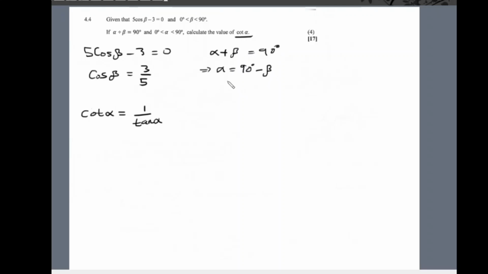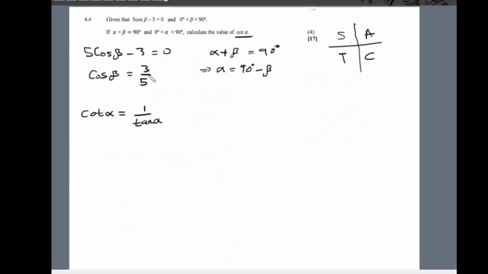Another thing they tell us is that beta is between 0 and 90. So from your CAST diagram, in the first quadrant all the ratios are positive, second only sine, third only tan, and the fourth only cos is positive. So we see that cos beta is 3 over 5.